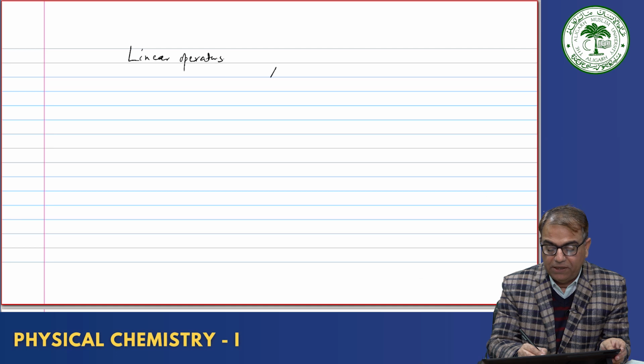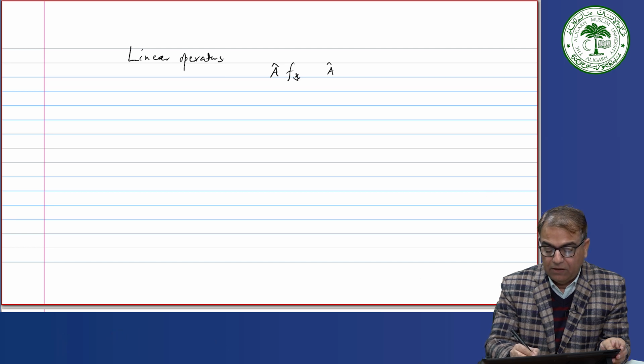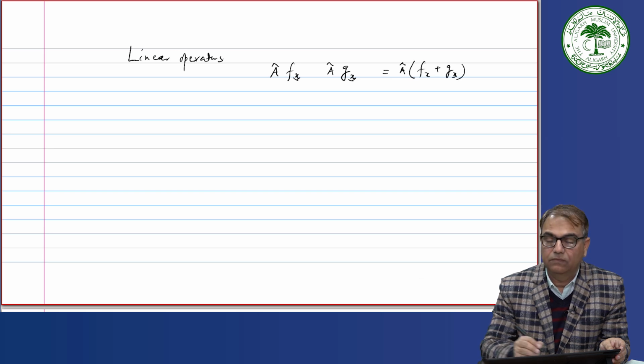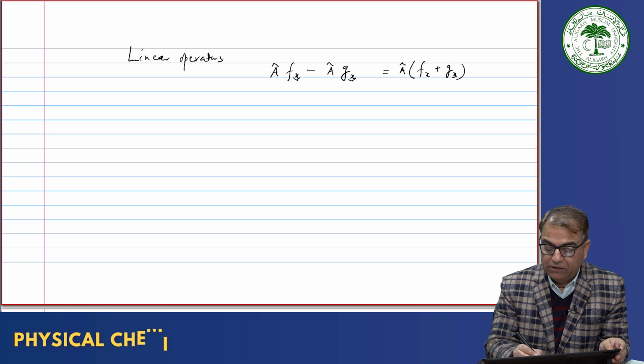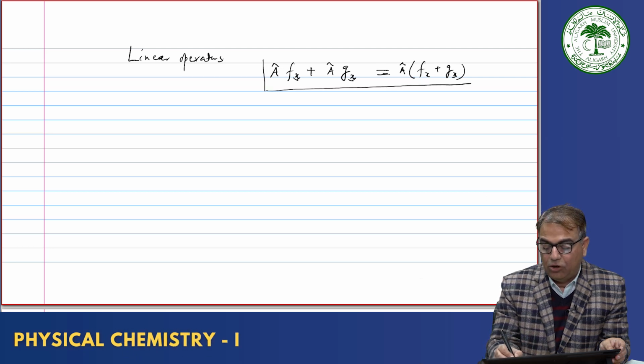It means that if you operate with an operator A on a function f(x), and then operate with the same operator on a function g(x), and if you operate with the operator on the sum of these two functions and you get the equal result, then we say operator A is a linear operator.